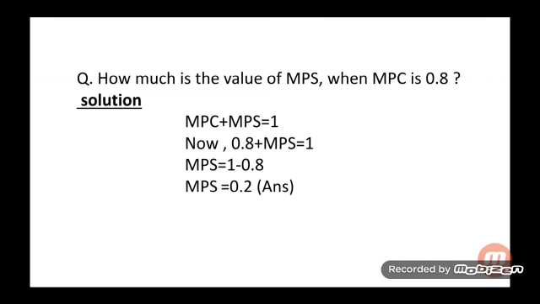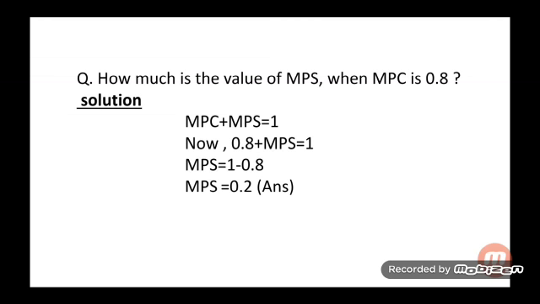Now, here are a few questions which we have to solve, because in the exams they can ask you how much is the value of MPS when MPC is 0.8. I had told you the relationship between MPS and MPC, that MPC plus MPS is equal to 1.